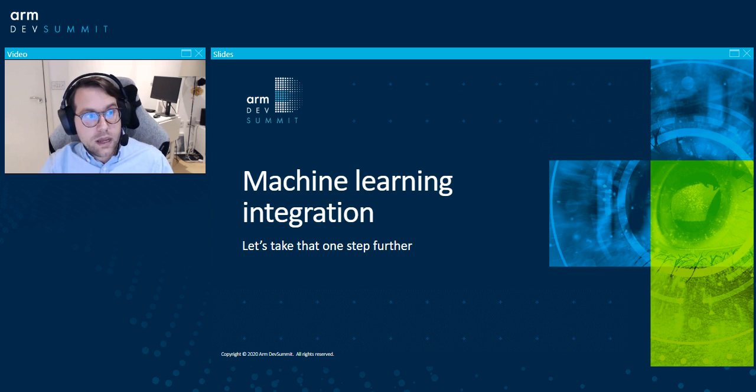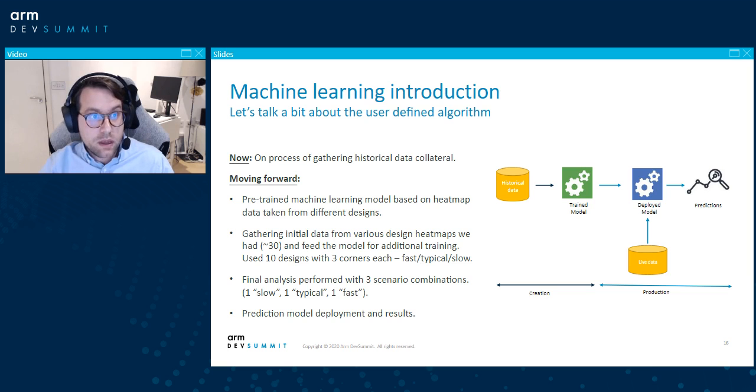So if we take all this and move one step further, we come up with the machine learning integration. The approach here that we will use is as follows. The current status is that we are gathering historical data collateral with heatmap collateral exported with the designs with different corner settings.